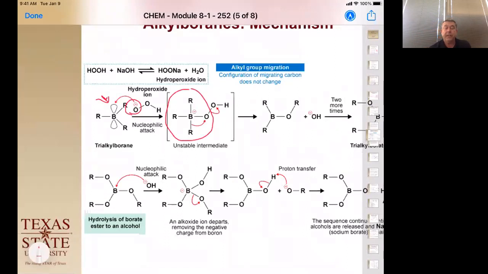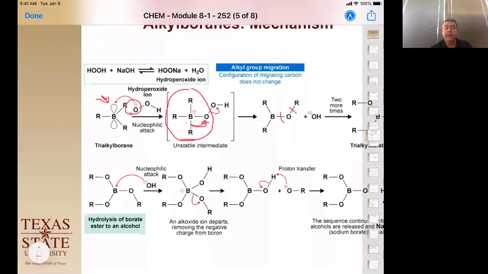And so what happens is the boron-carbon bond breaks and this carbon jumps over without changing stereochemistry to give us the boron-oxygen carbon bond. Okay.